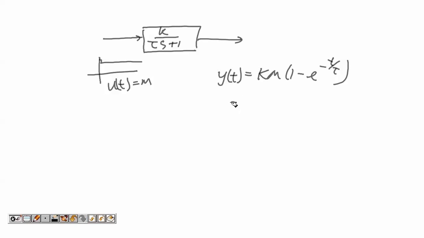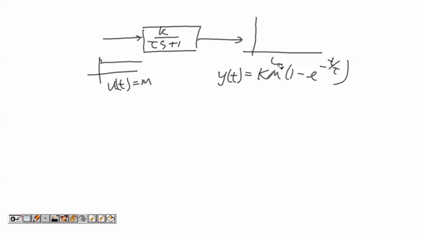Just imagine at time t is 0, then 1 minus e^0. e^0 is 1, and 1 minus 1 is 0.